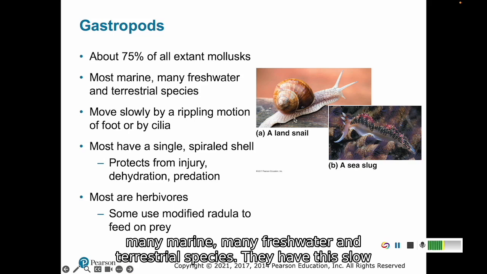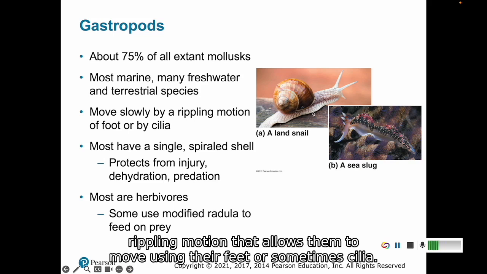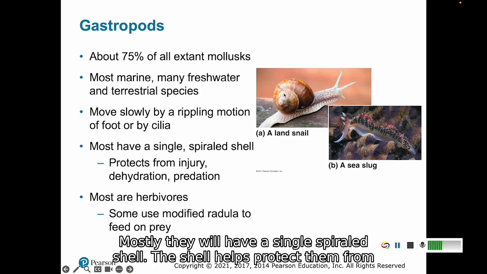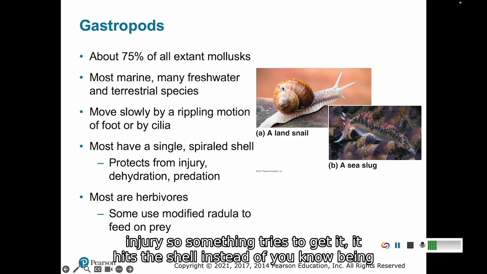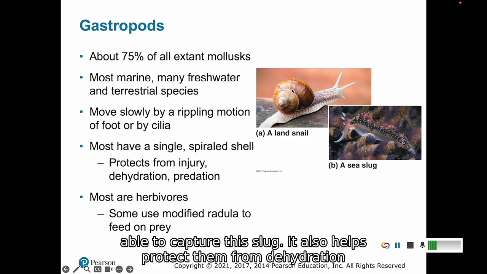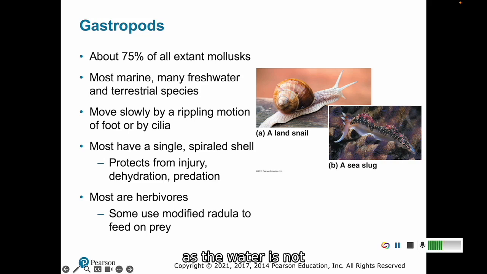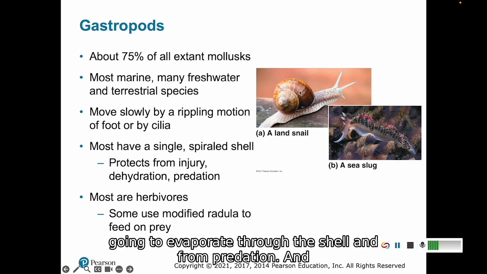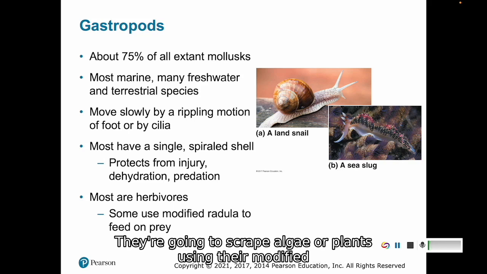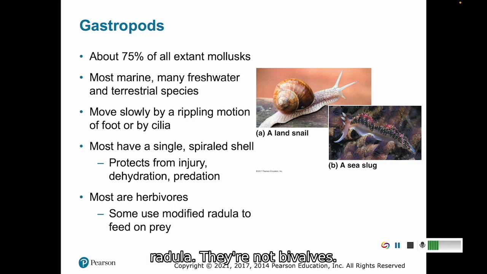They have this slow rippling motion that allows them to move using their feet or sometimes cilia. Mostly they will have a single spiraled shell. The shell helps protect them from injury. So if something tries to get it, it hits the shell instead of being able to capture the slug. It also helps protect them from dehydration, as the water is not going to evaporate through the shell, and from predation. And gastropods mostly are herbivores. They're going to scrape algae or plants using their modified radula.